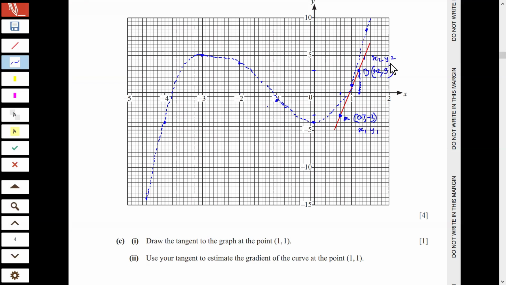x2, y2. So the gradient is equal to y2 minus y1 over x2 minus x1. What is y2? y2 is 3 minus y1. Of course, y1 is negative 3, over x2. What's x2? 1.2 minus x1. x1 is 0.7.